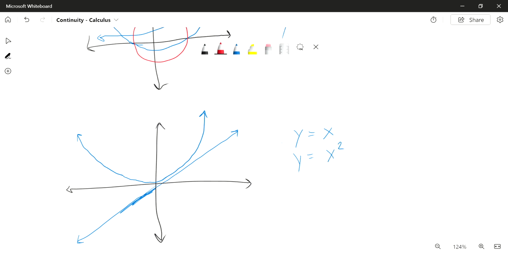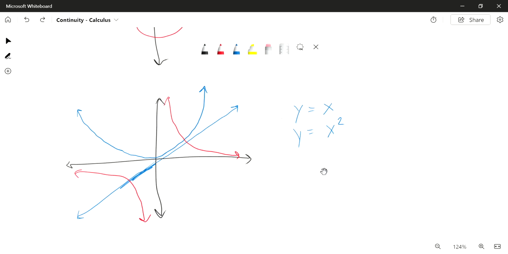But this does not mean that every single function is continuous. If I were to draw something like y is equal to 1 over x, it's split into two parts. One where x is positive, meaning on this side of the axis, the other where x is negative, meaning on that side of the x-axis. But I had to lift up my pen to draw it, meaning it's not continuous.